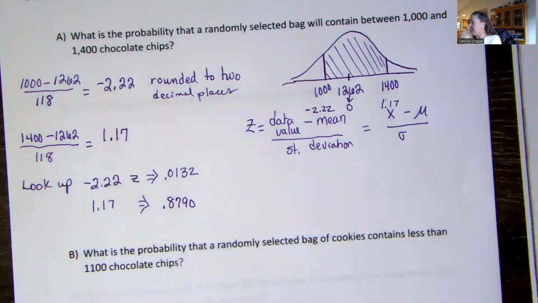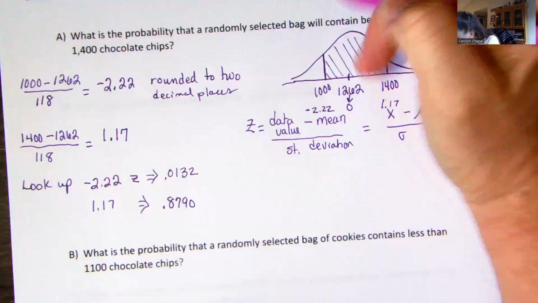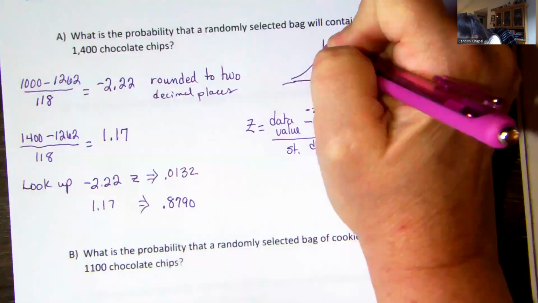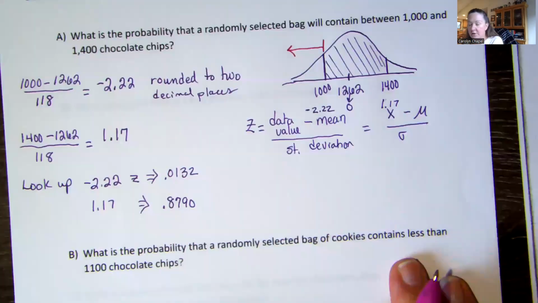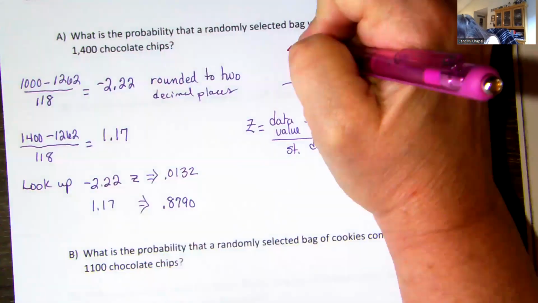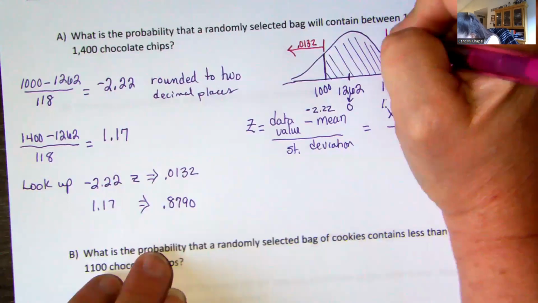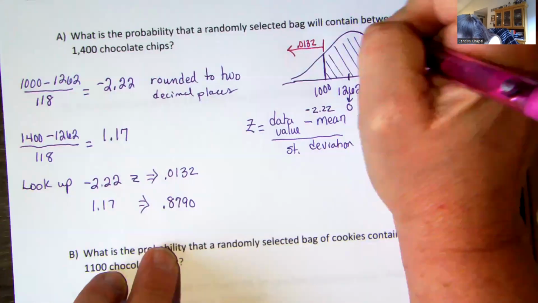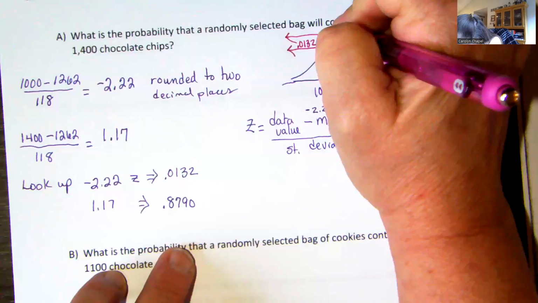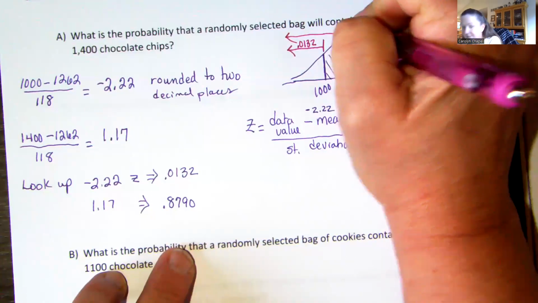Now if you can remember, the table always gives us the area from that point to the left. So the area from here down is 0.0132. The area from this point all the way down is 0.8790.